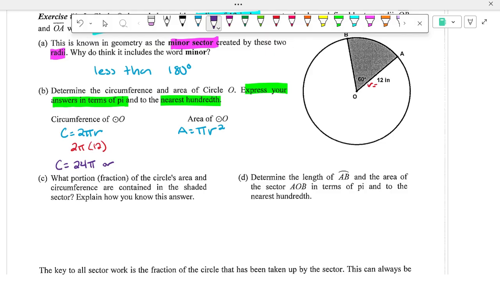If you put that in your calculator, what is it approximately to 2 decimal places? 75.40. All right, so this is the exact answer, and this is the approximate. Both have their own merits. All right, so what would I be plugging in for the area of the circle?